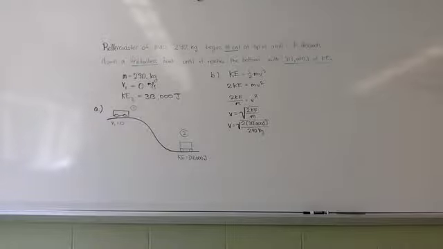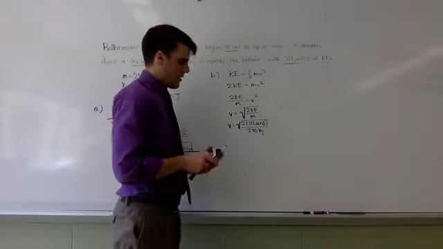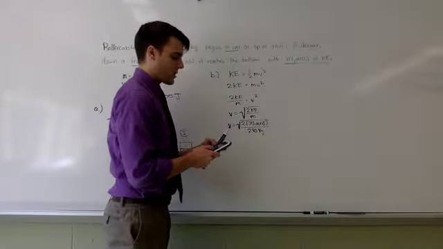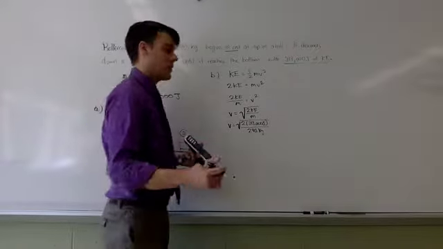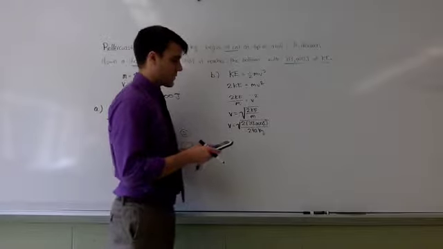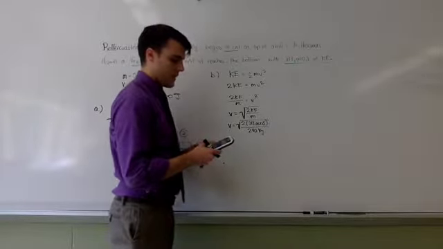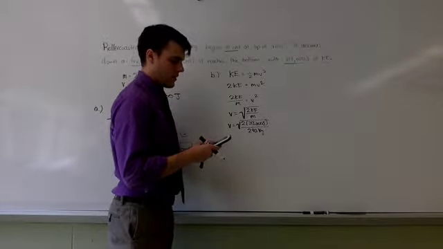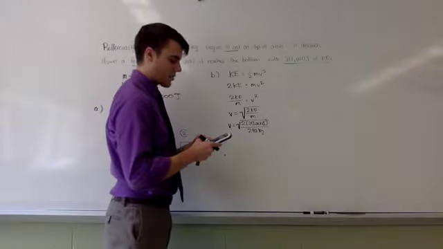Make sure when you use your calculator, and I'm going to use a simple calculator, that you actually go through this very carefully, especially when you're using square roots. So I have 2 times 313,000, which is 626,000, divided by 290, gives me approximately 2,160. And now I will square root that.